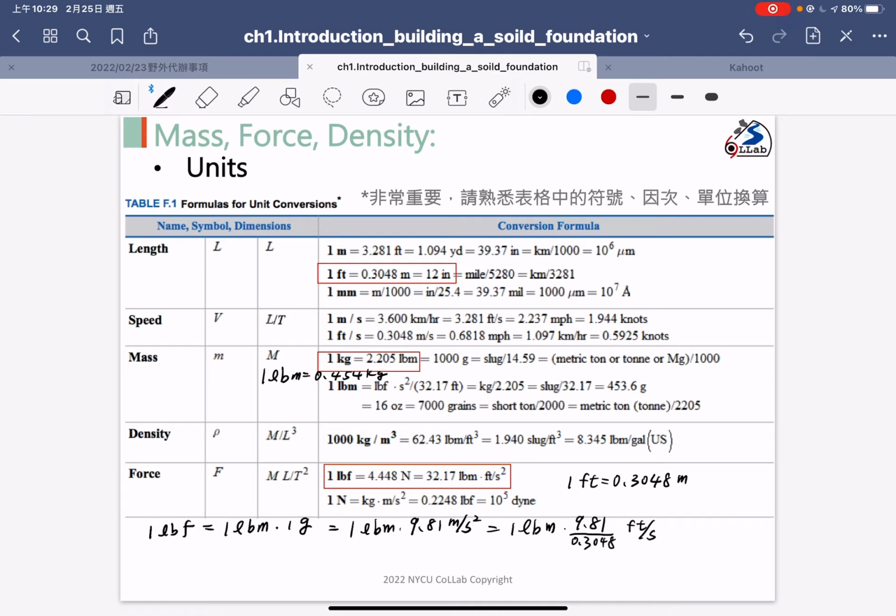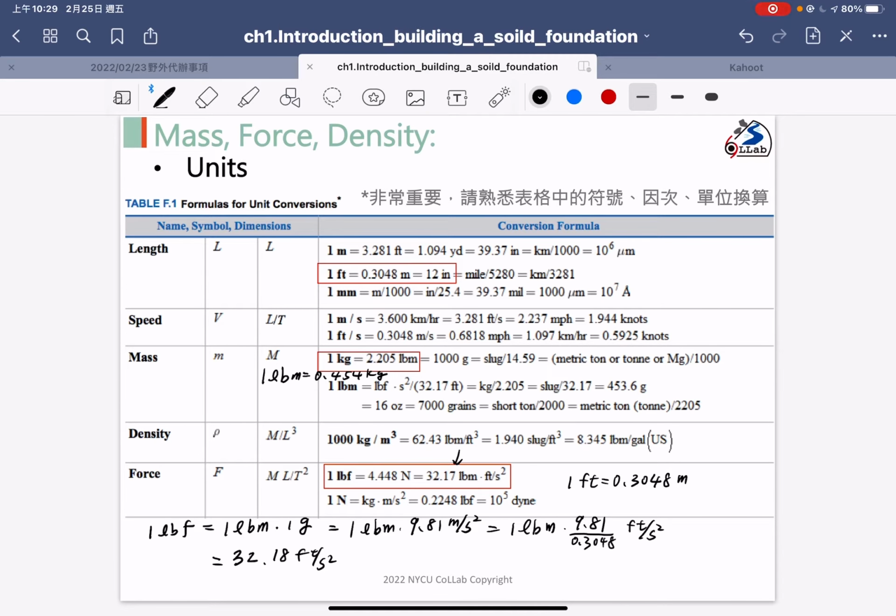Sorry, here I forgot the square on seconds. Okay, if you use your calculator to compute the number shown here, 9.81 divided by 0.3048, my computer shows the number is around 32.18. Okay, so a little bit different compared to here, but no matter.